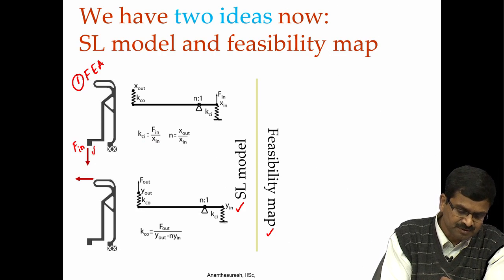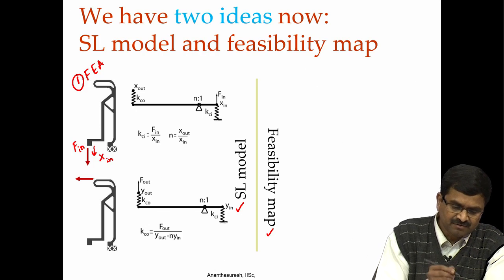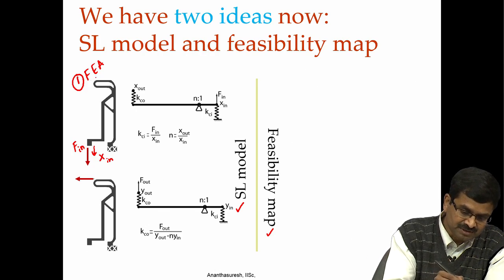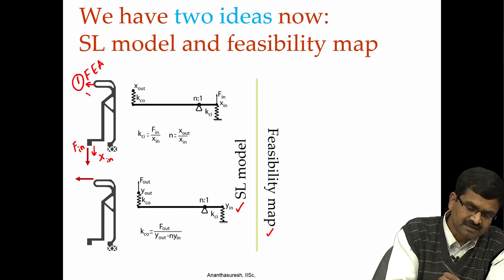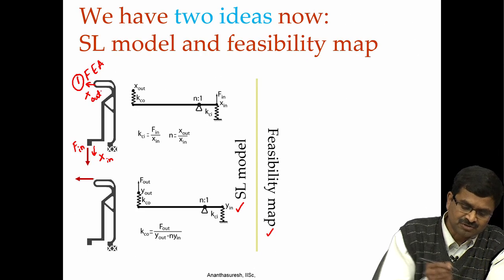So, whatever displacement you get here, let us call this XIN, and we also measure the output displacement. In this case, output displacement will be like that, let us call this X out.